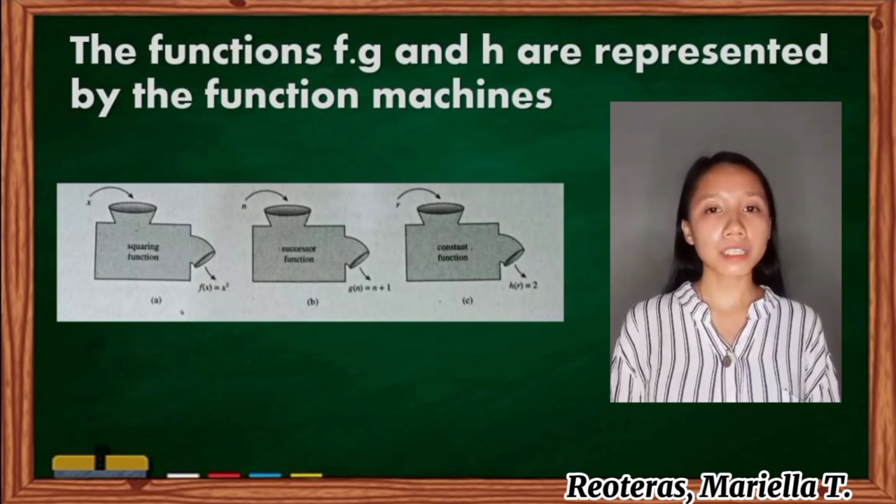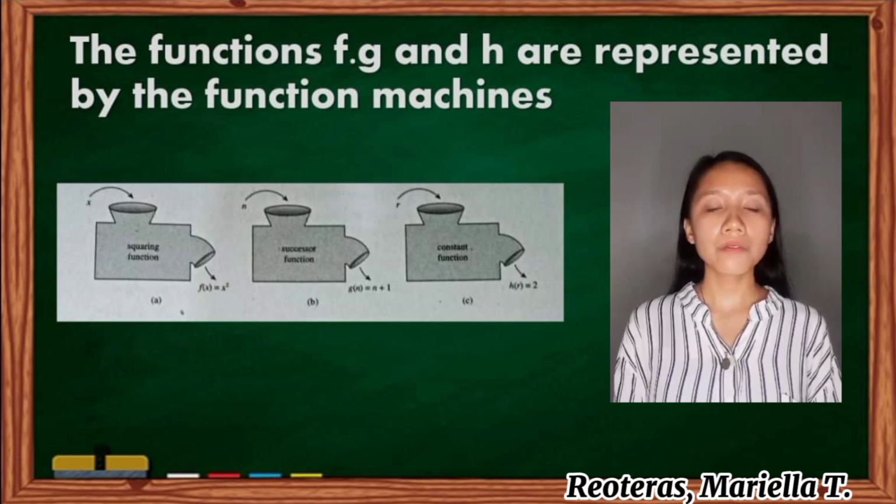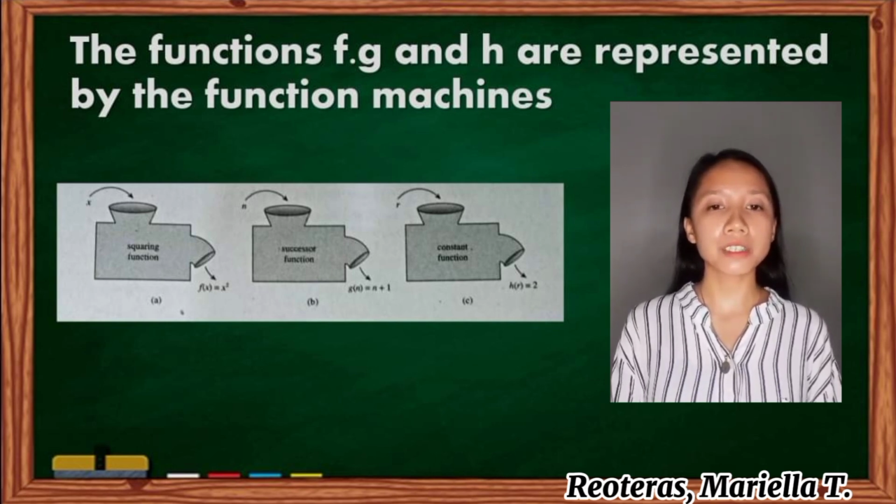Let's proceed to the functions f, g, and h represented by the function machine. In this figure, we identify three parts of the functions. The domain is, simply, the set of objects that fit into the input funnel and can be perceived by the function machine.